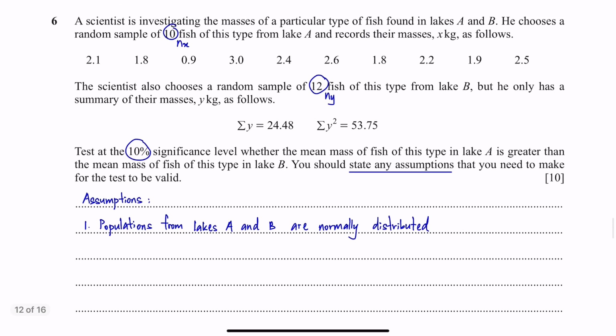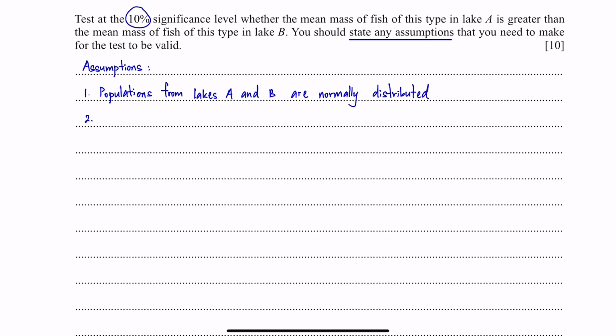And since the sample size is considered small, we have another assumption to make, which is the populations from lakes A and B have common population variance. Take note that it's not sample variance, alright? It's population variance. So now let's go to our t-test.